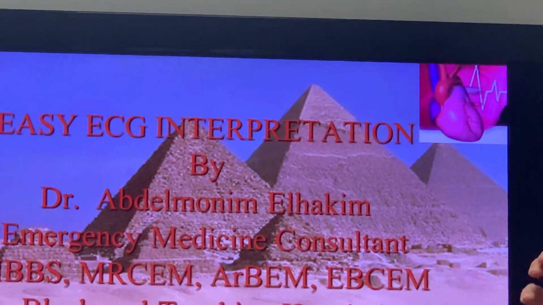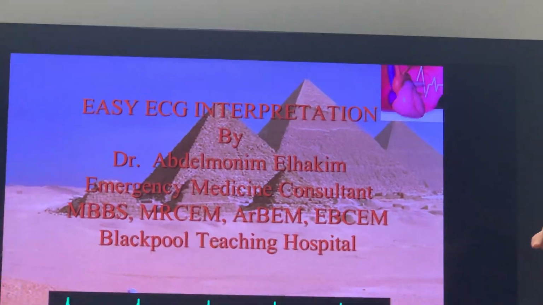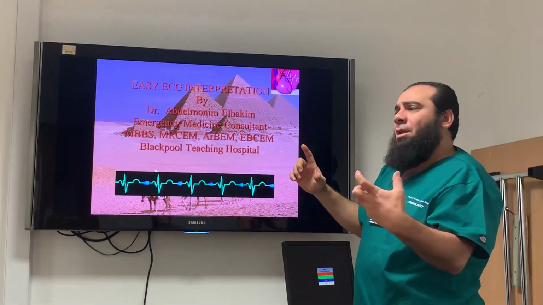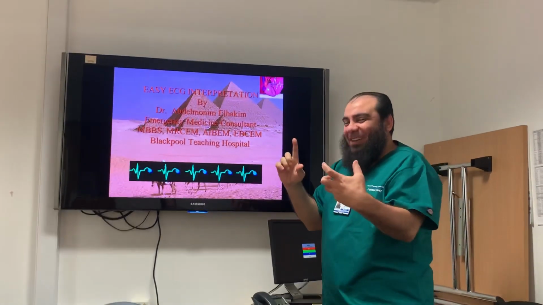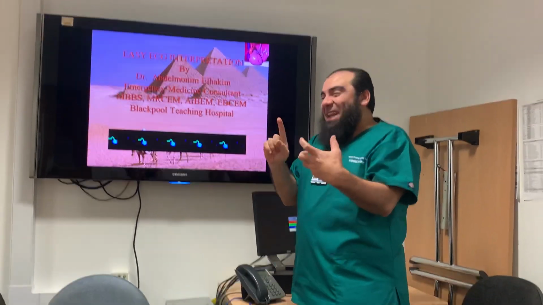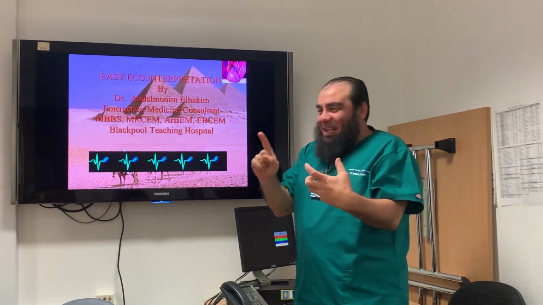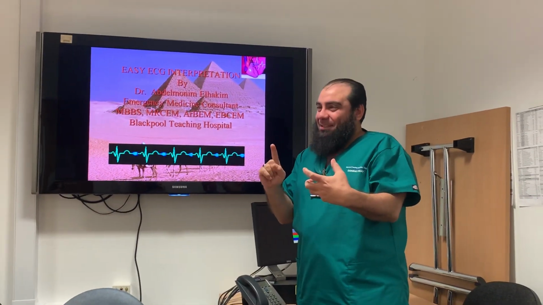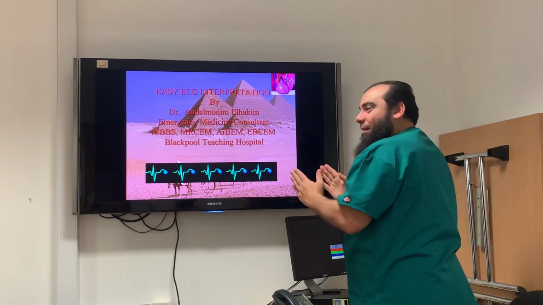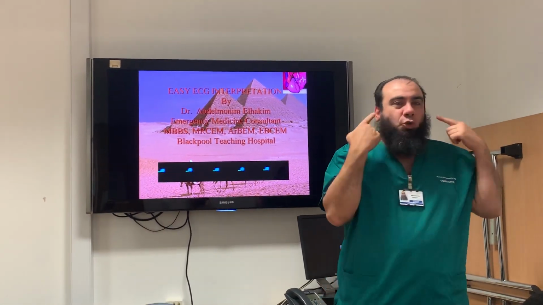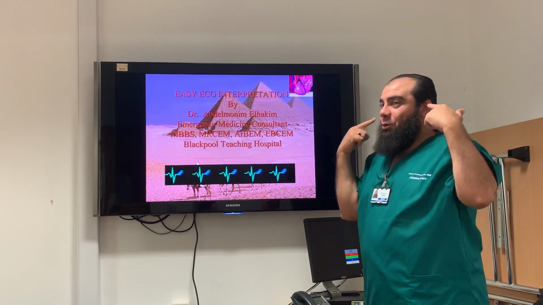How can I get all the surfaces of the heart? I need to have a picture of the heart. Has anyone been arrested before? No? Nobody's going to admit. In Egypt anyway, if anyone gets arrested, they take a front picture, and right and left profiles, to get the whole face from ear to ear.